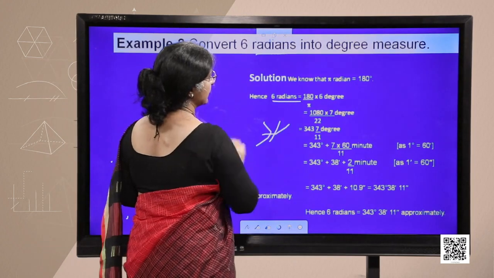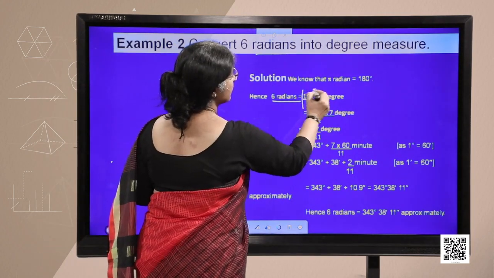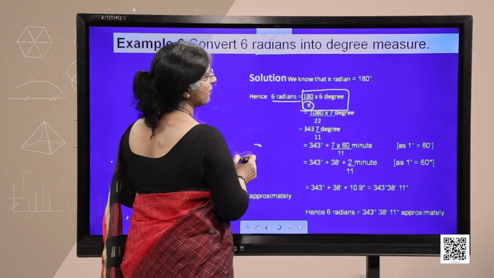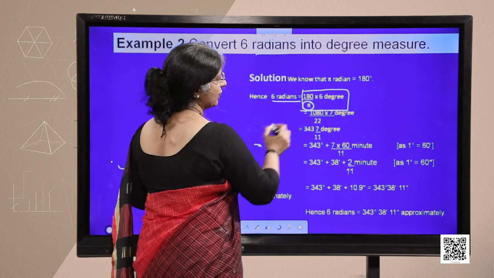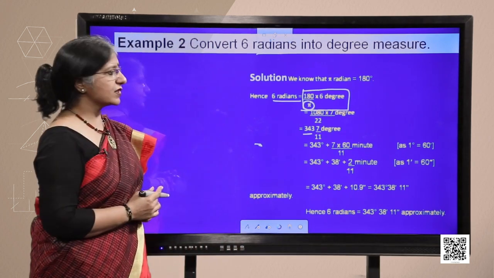We were given 6 radians, so 180 degrees into 6 radians, we simply multiply and get 180 multiplied by 6, 1080, and replacing the value of pi, 7 upon 22, solving it gives 343 and 7/11 degrees.